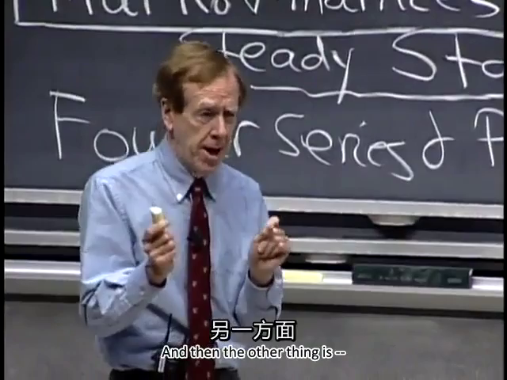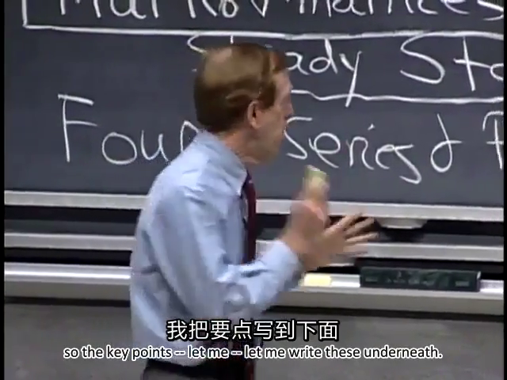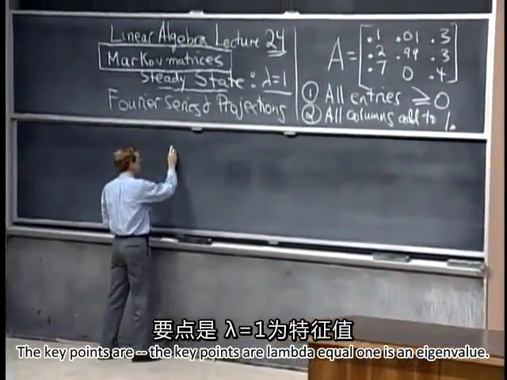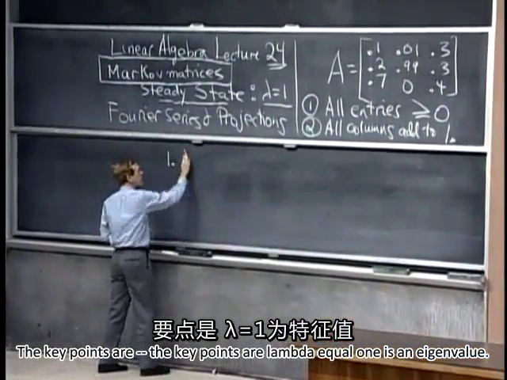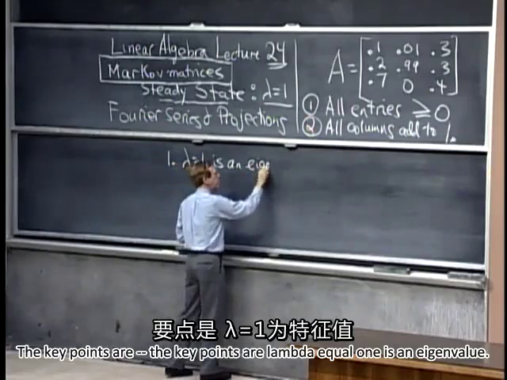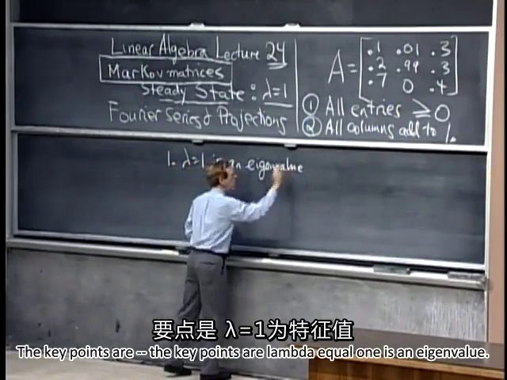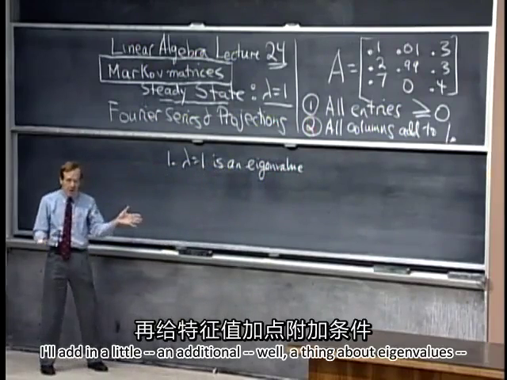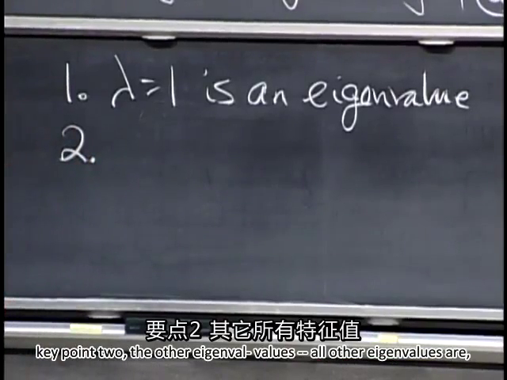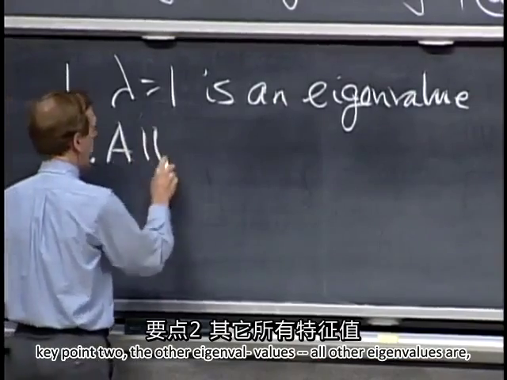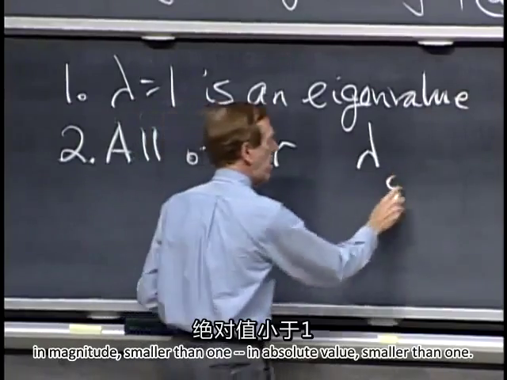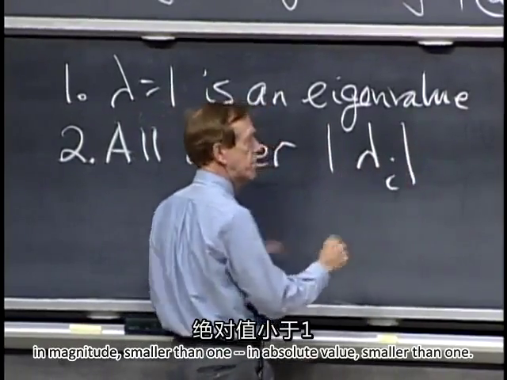That matrix will have an eigenvalue of 1, and we want to see why. And then the other thing is, the key points, let me write these underneath. The key points are: lambda equals 1 is an eigenvalue. Key point 2: all other eigenvalues are in magnitude smaller than 1.